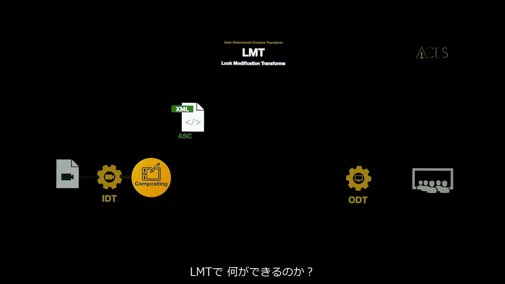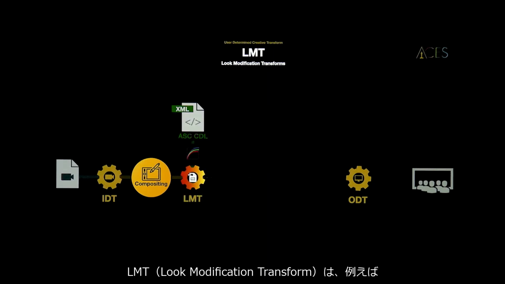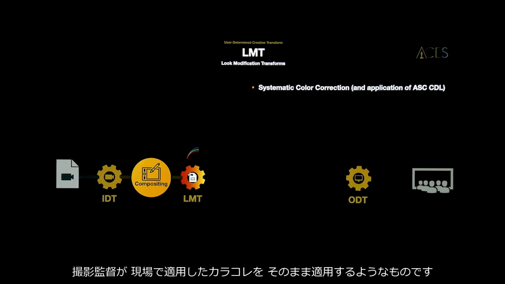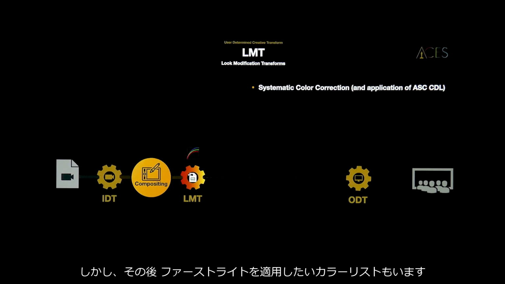So what can we do with the LMT? The look modification transform can be used, for instance, for a CDL, as I said before, something like applying the color that the director of photography was applying on set. But then, after that, some colorists like to apply what is called a first light.